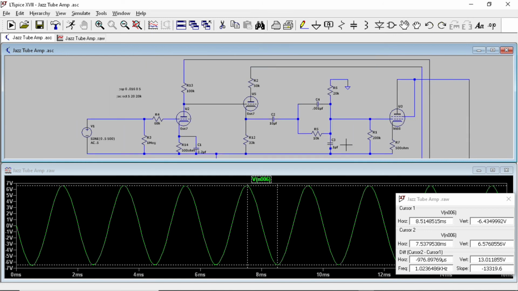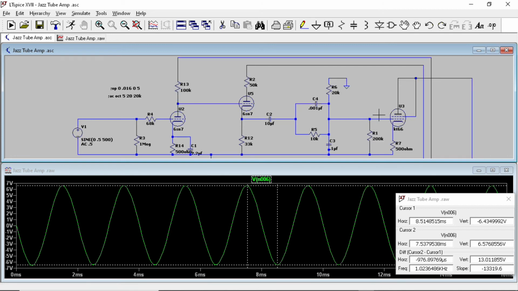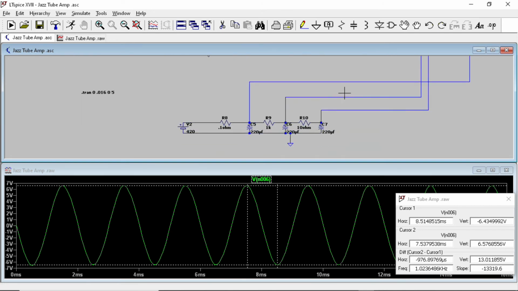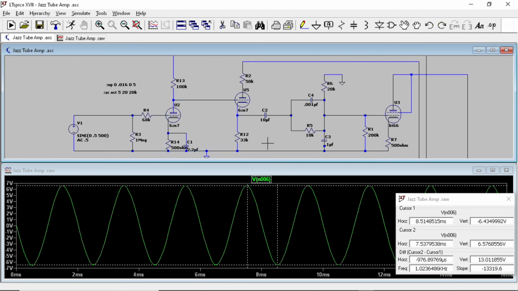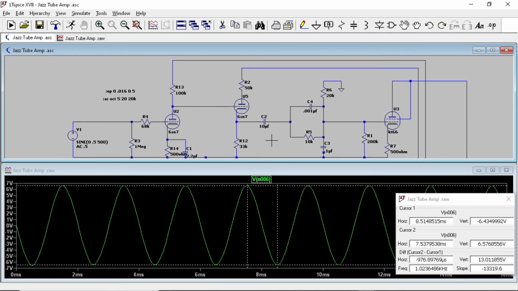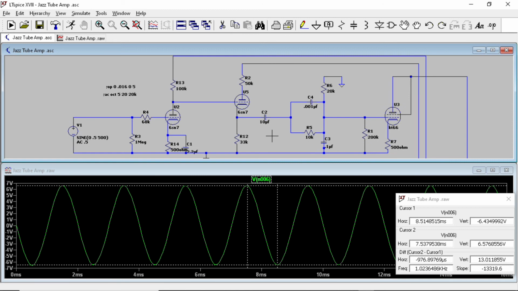The next thing I'd have to do would be to detail the values for the tone control. I haven't done that yet. These are just kind of mock values. I also have a power supply down here that will probably stand. That'll probably be what it is. But other than that, this is pretty close to what I want done.